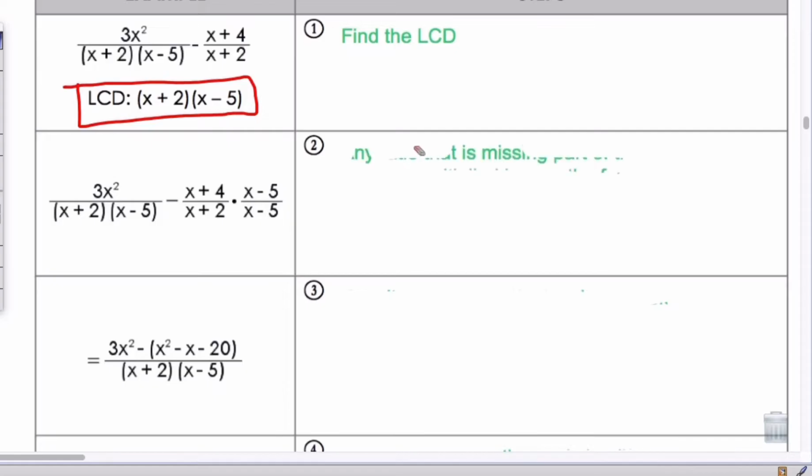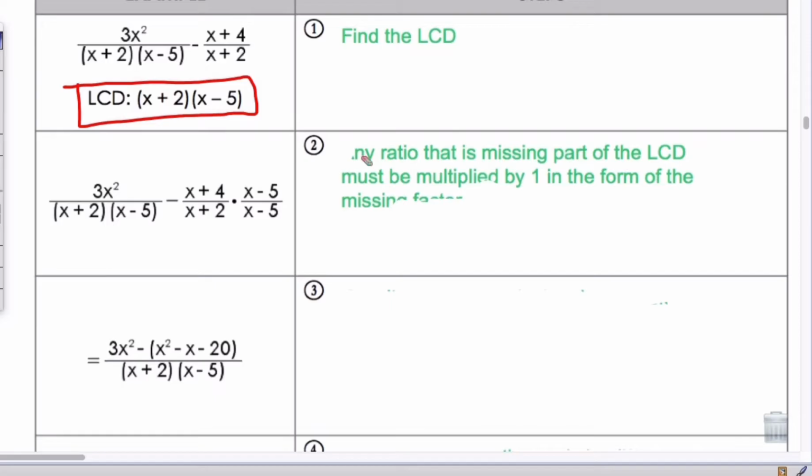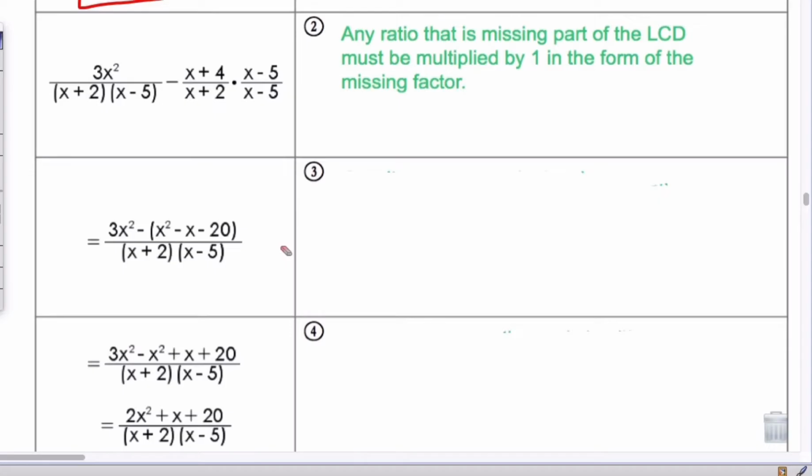Any ratio that is missing part of the LCD must be multiplied by 1 in the form of the missing factor, and you can use your own words too. And this is 1, right? We know that x minus 5 divided by x minus 5 represents 1. So we're not changing the expression. We're multiplying it by 1 in the form of x minus 5 divided by x minus 5. So we have to do that if there's a missing part. All right, so far so good.